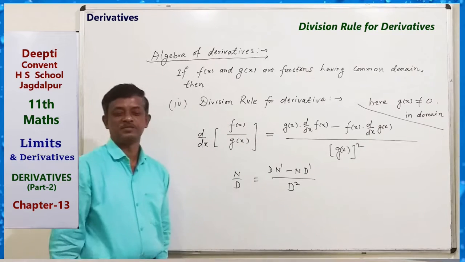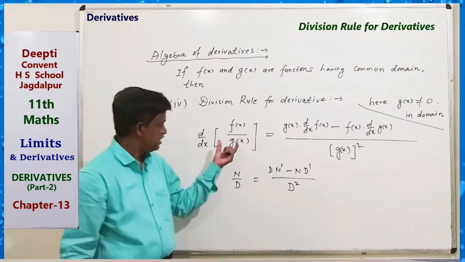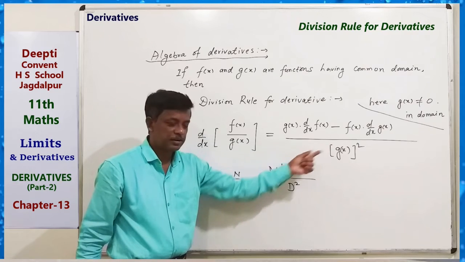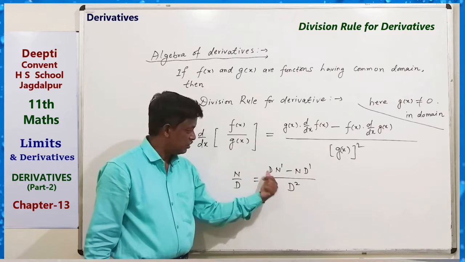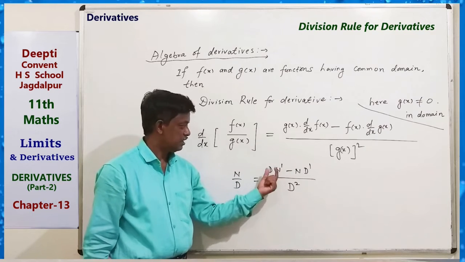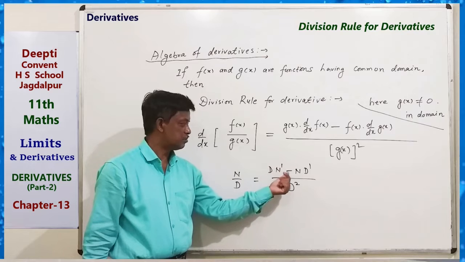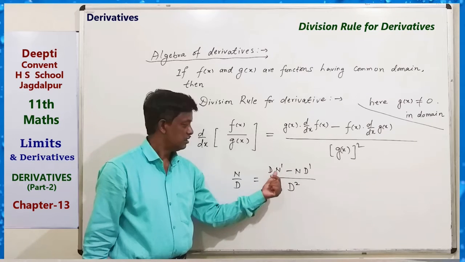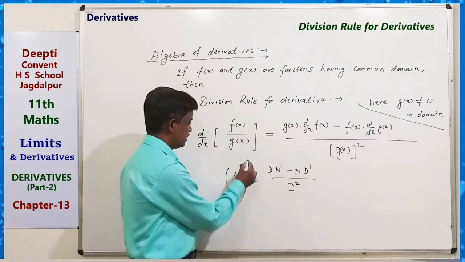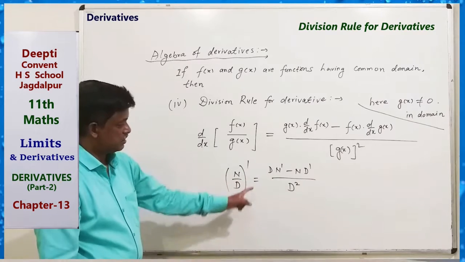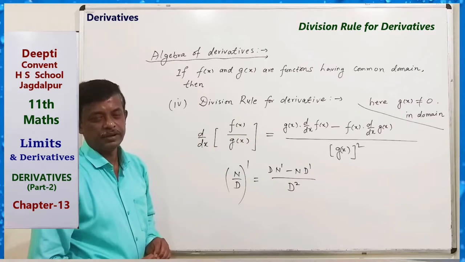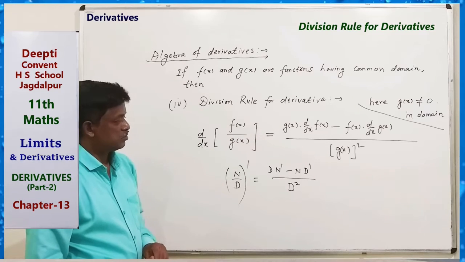You can write it like this: denominator square, then d n dash, and in reverse order after the minus sign you write n d dash. So this is the division rule for derivatives. Okay, so remember this rule also.